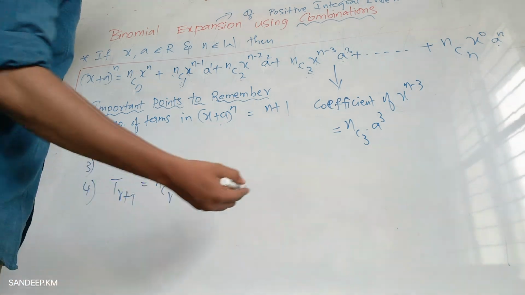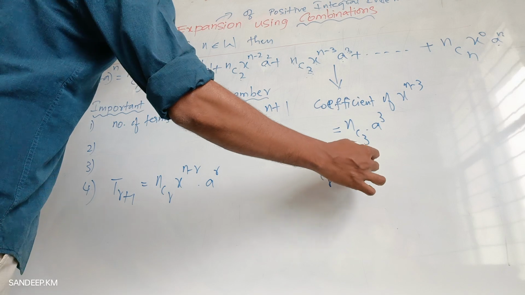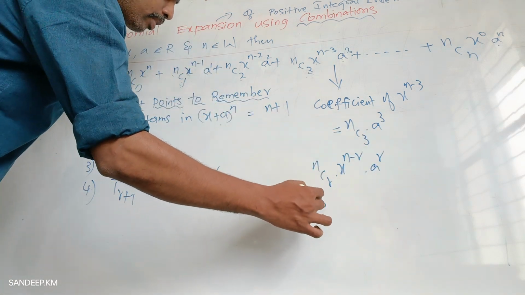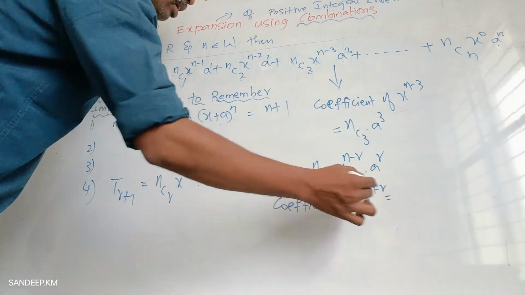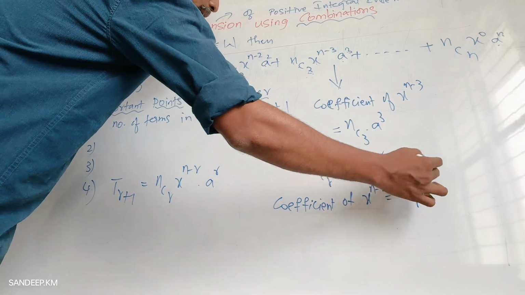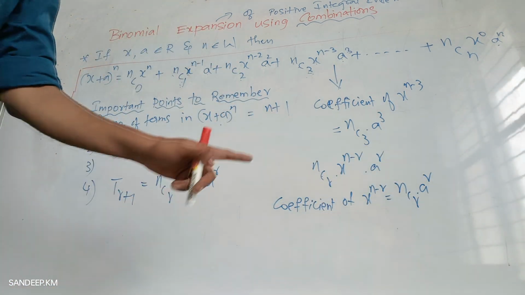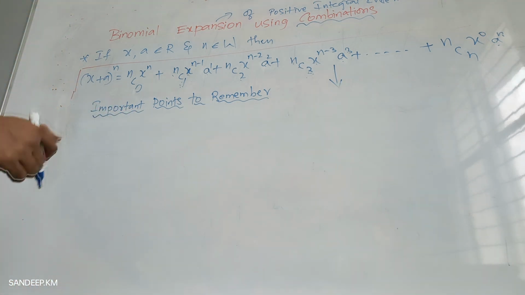So similarly, in our general term, NCr into x power n minus r into a power r, what is the coefficient of x power n minus r? The coefficient of x power n minus r is NCr into a power r. Remember this.